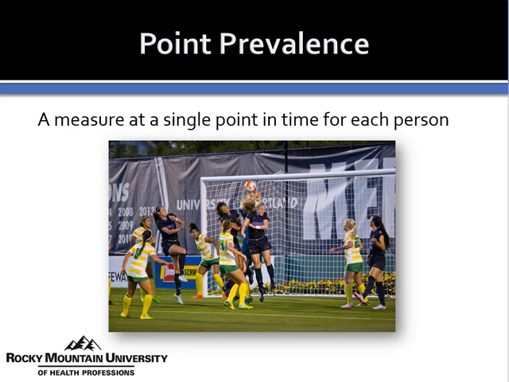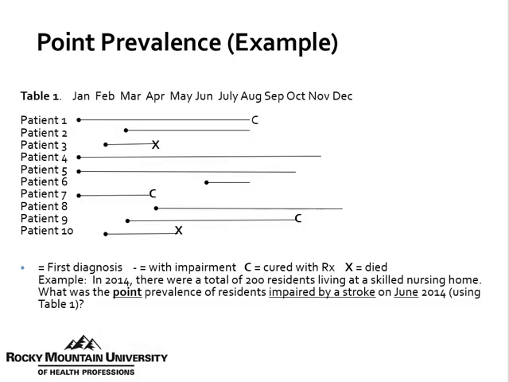So let's explore each of the subcategories underneath prevalence and incidence. Point prevalence is a measure at a single point in time for each person. So here's an example of point prevalence.